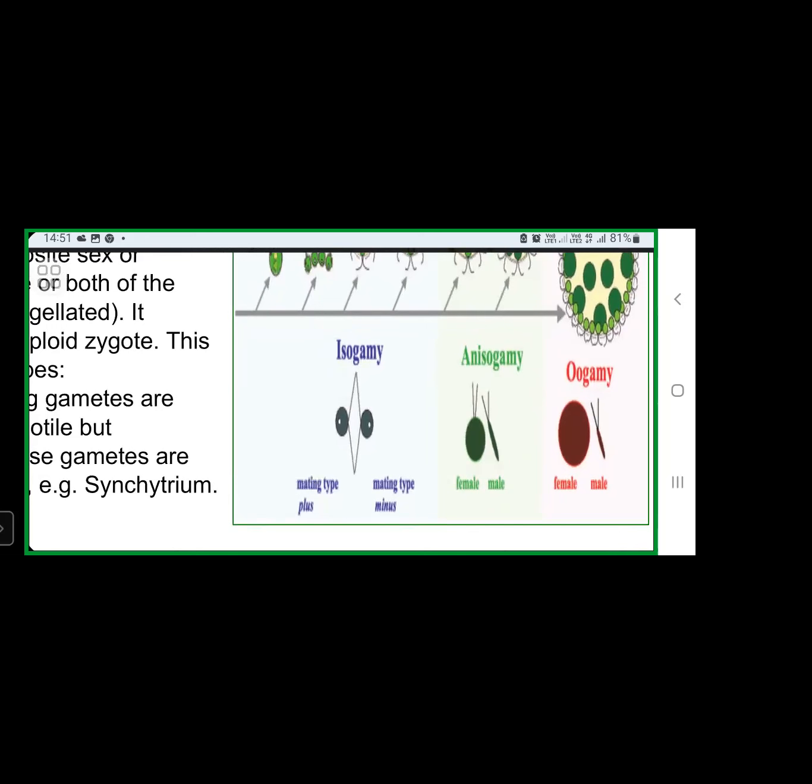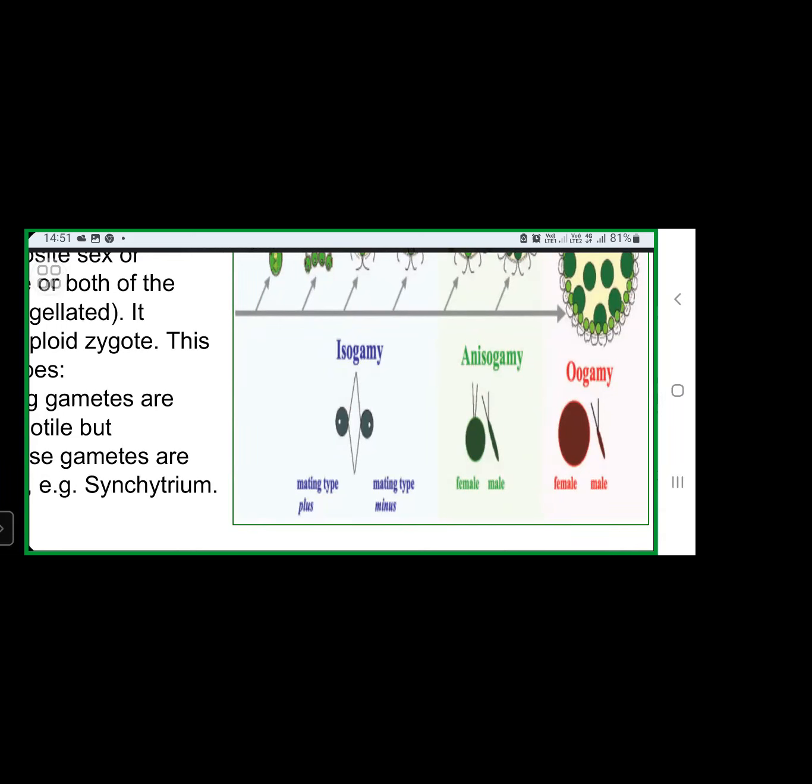That means the male gamete is motile, the female gamete is also motile. But these two are unequal in size. That is why this is called aniso. Iso means same or similar. Aniso means dissimilar. Here both are motile, that means both are able to move, but morphologically they are different.